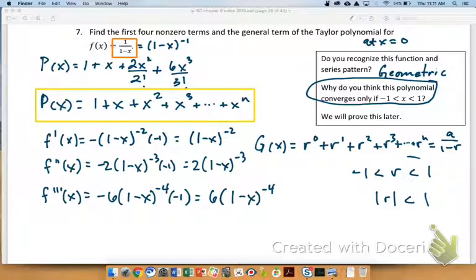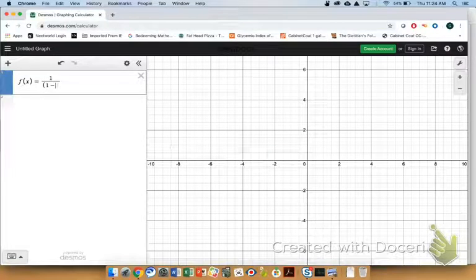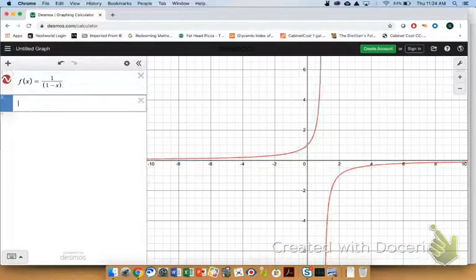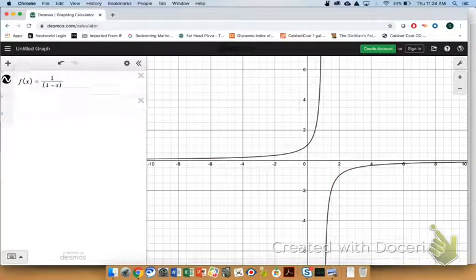Okay, so give me 1 second here. So here we go. f of x equals 1 over 1 minus x. And that's that original function we started off with, right?